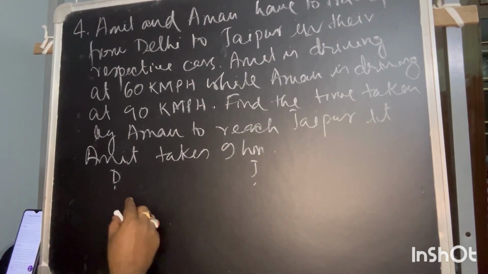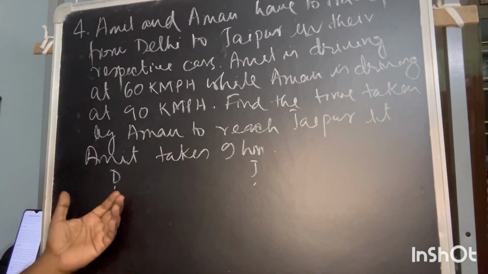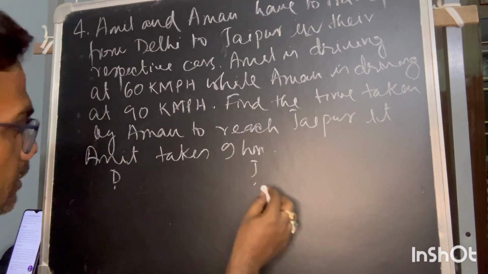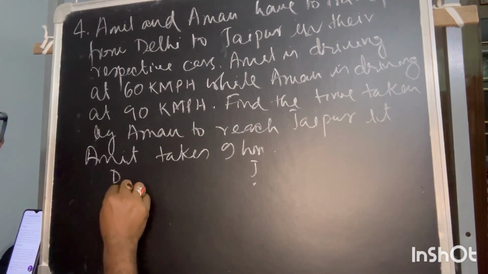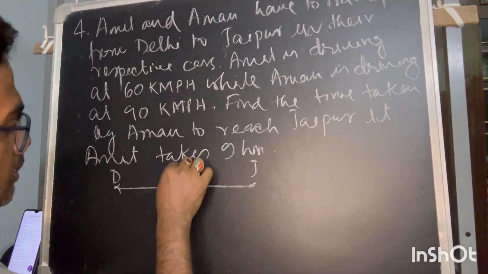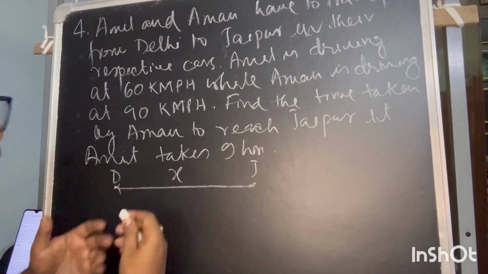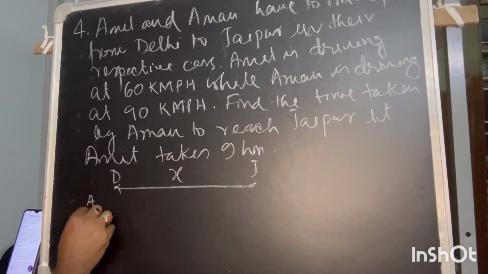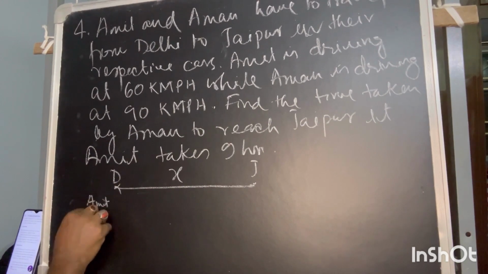So you need not know the exact distance between Delhi and Jaipur. Don't be bothered about the distance. It can be represented as an unknown value x. Let's say the first is Amit, the second is Aman.